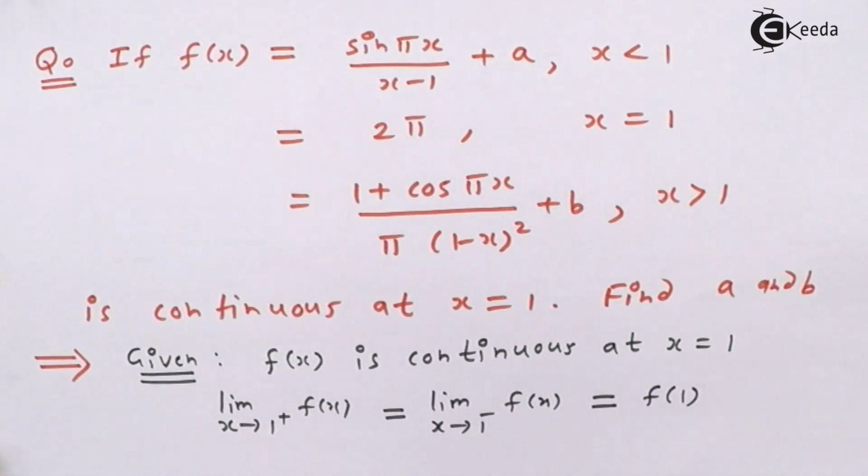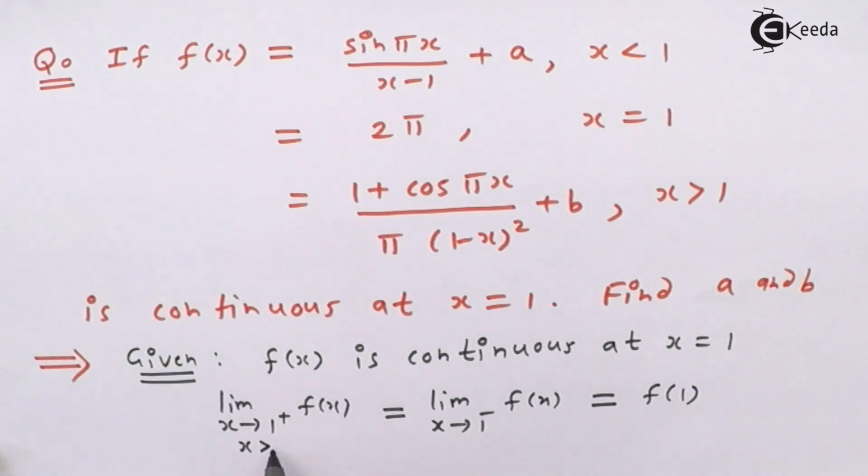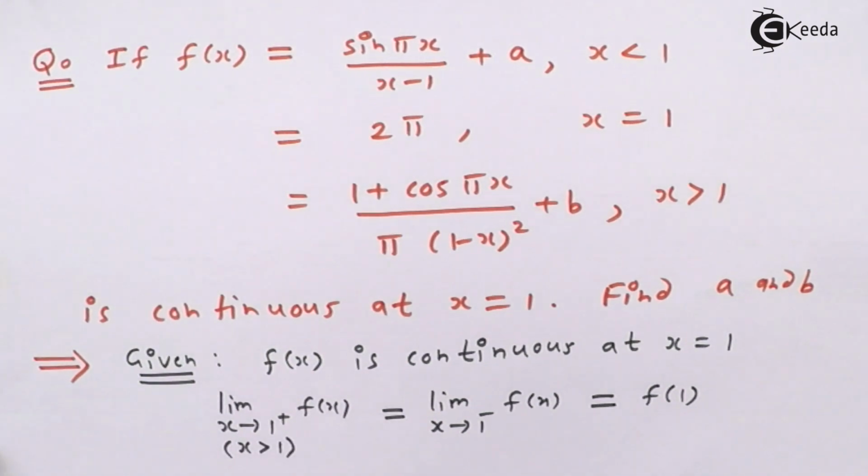Now here 1 plus means right hand limit, and that is x should be greater than 1. Secondly, 1 minus means left hand limit, that is x should be less than 1.